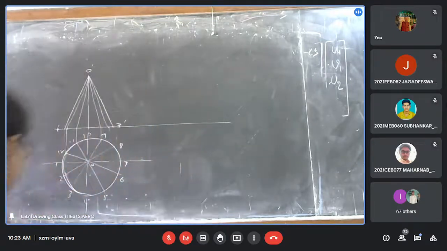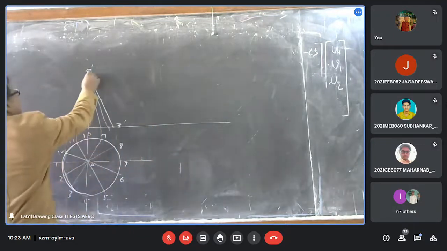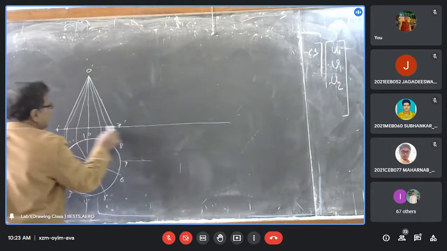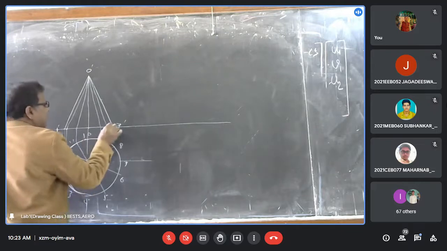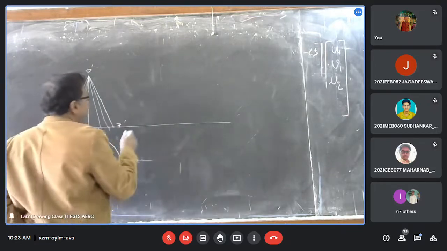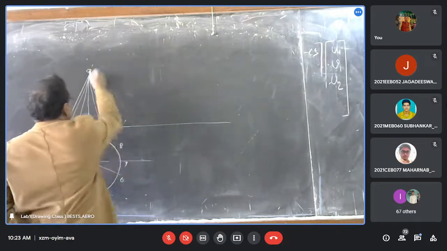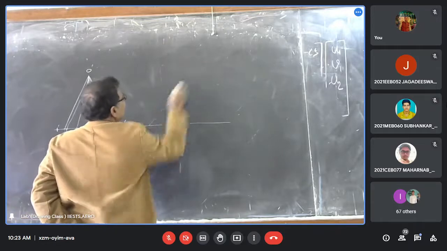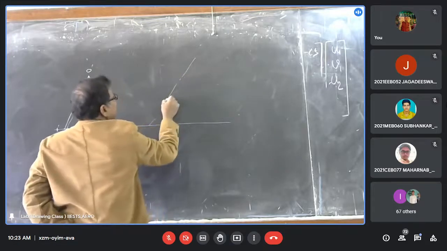So the axis is lying here. Now we consider it is resting not on the surface but on one point, point 7. Then you just make an axis. This is axis initially, axis making some angle given.